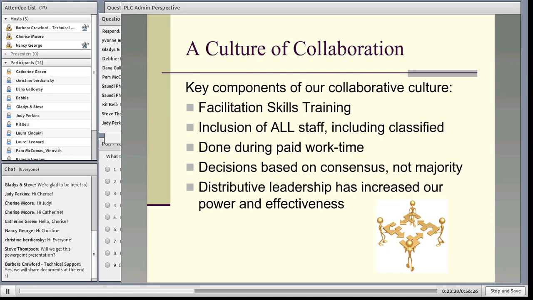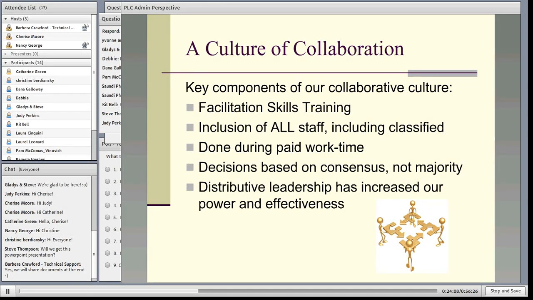Another important piece for us, and I think this addresses a concern that somebody had brought up in the questions a few minutes ago, was the inclusion of all staff, and that included classified. When we set up our professional learning communities, we included a specific group for office and classified staff, and initially we even included custodial staff in that group.